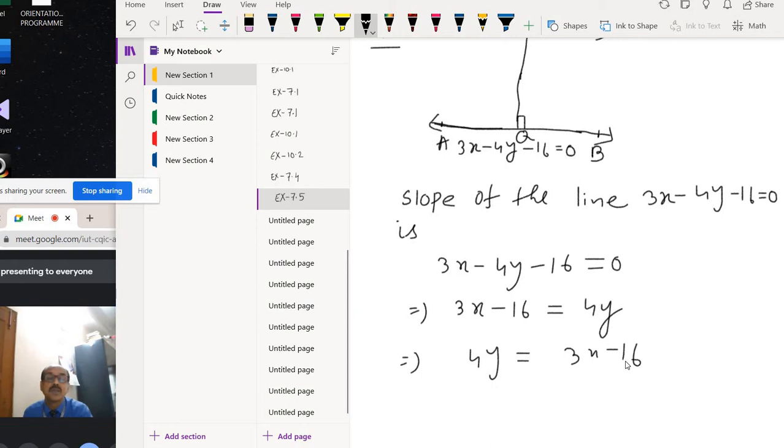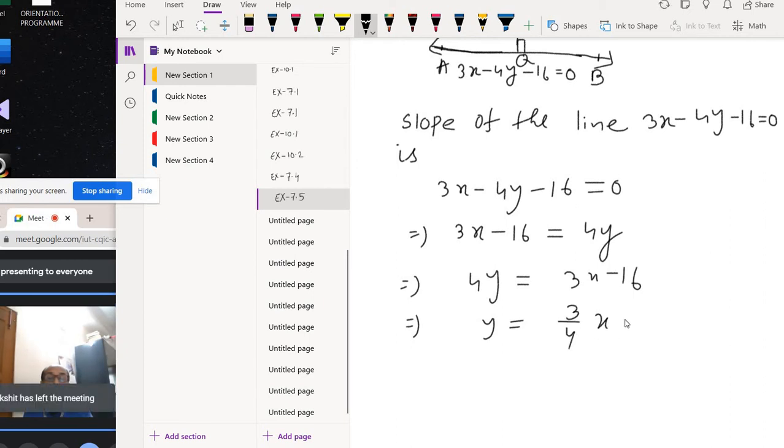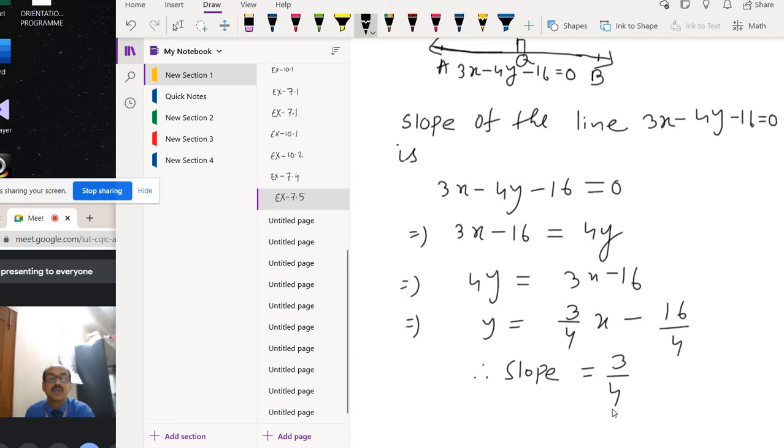So y is equal to 3 by 4 x minus 16 by 4. Therefore slope equal to 3 by 4.